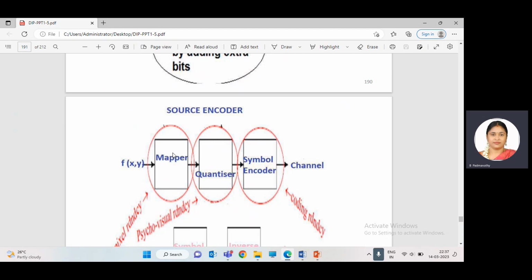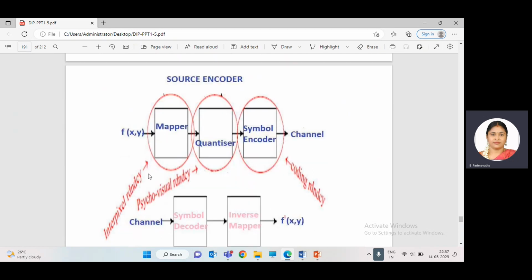The operation is reversible in terms of the decoding process. So first interpixel redundancy is reduced, in the quantizer psychovisual redundancy is reduced, and in the symbol encoder coding redundancy is reduced.